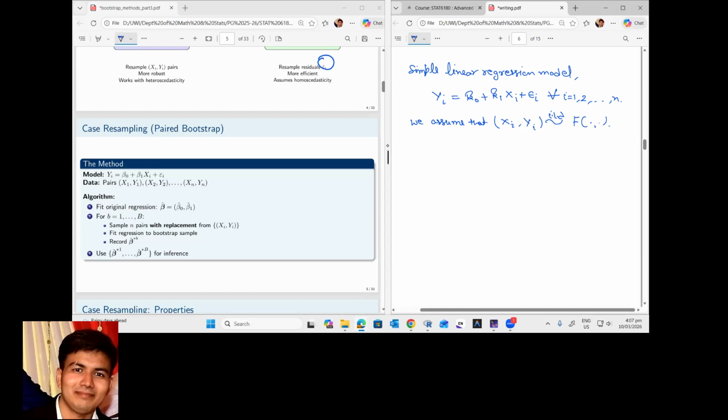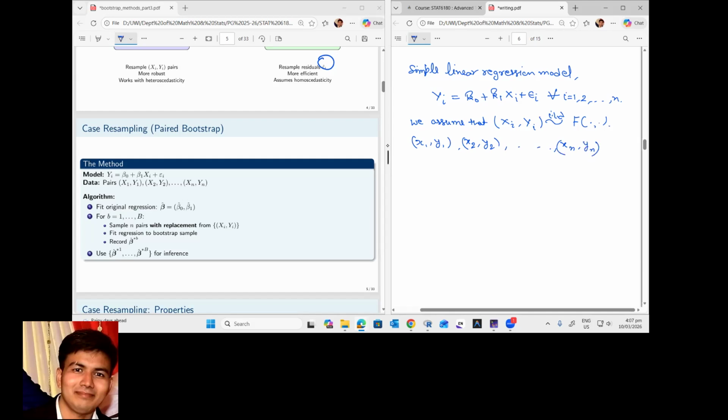In the first step, we are going to fit the original regression model for the given data set x1, y1, x2, y2, up to xn, yn.